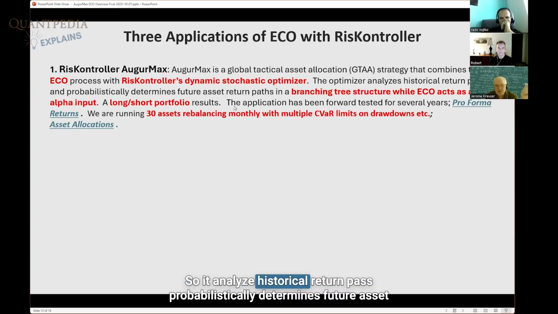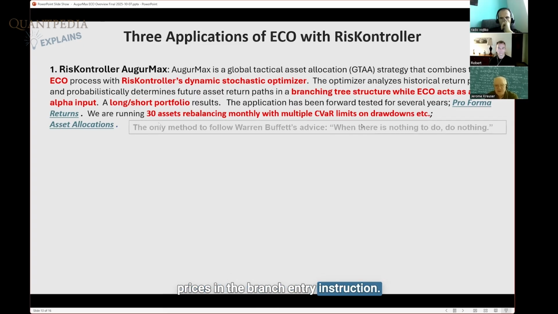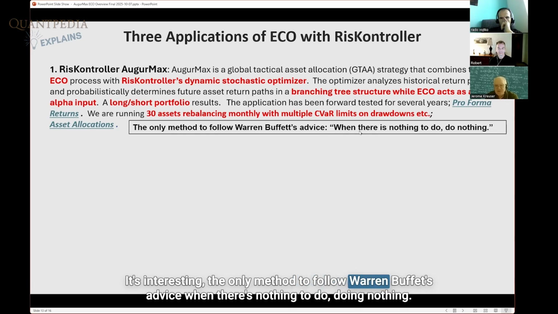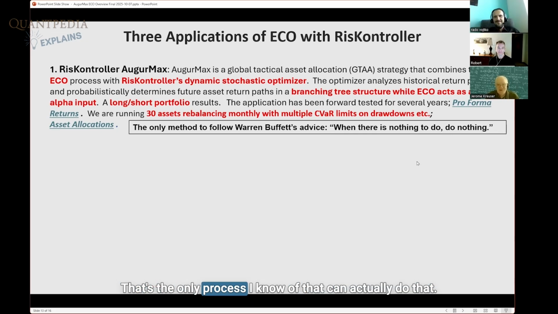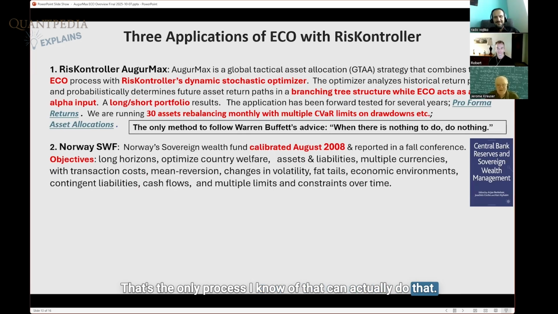So it analyzes historical return paths and probabilistically determines future asset prices in a branching tree structure. It's interesting. It's the only method to follow Warren Buffett's advice: when there's nothing to do, do nothing. That's the only process I know of that can actually do that. I'll show you why a little bit down the road.